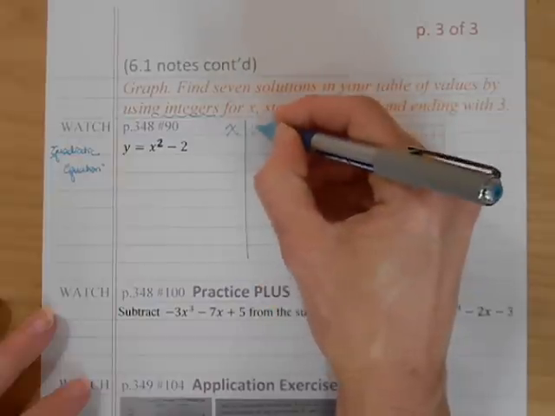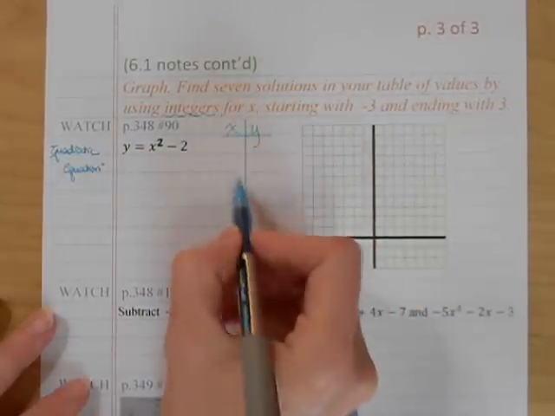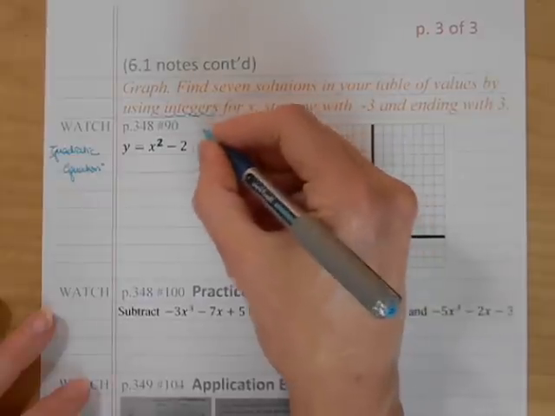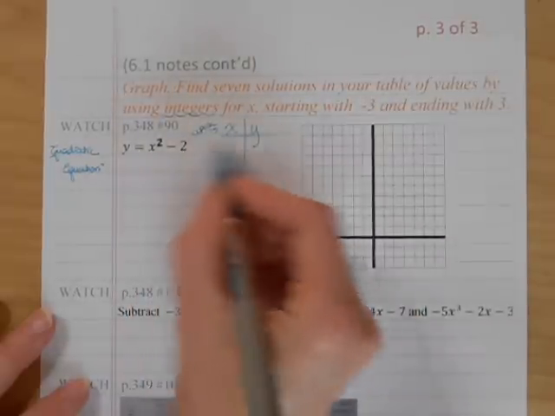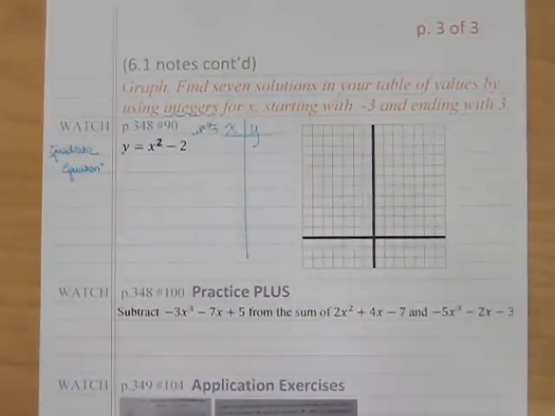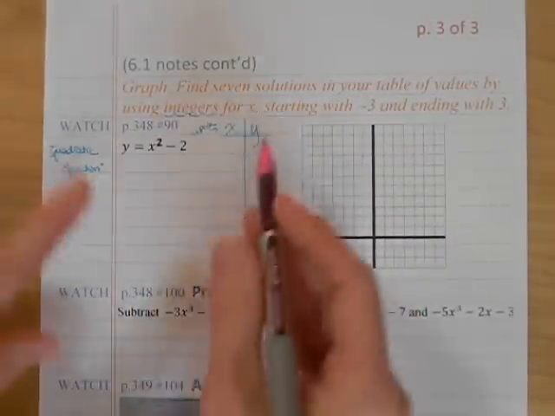You just start with the table of values, you pick the x's, you plug them in to the equation to find the y values, and then you take those and plot them.